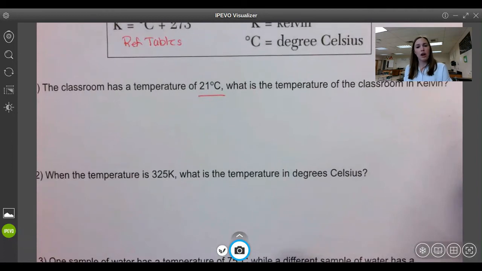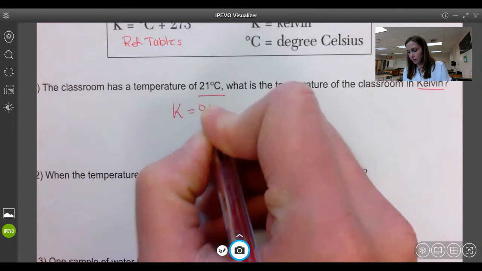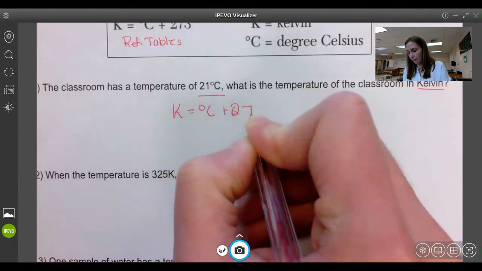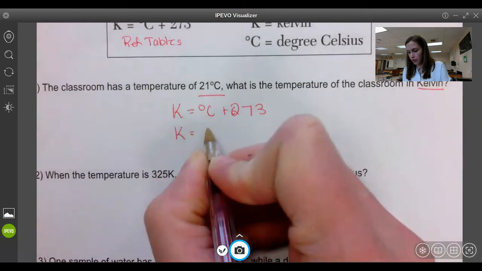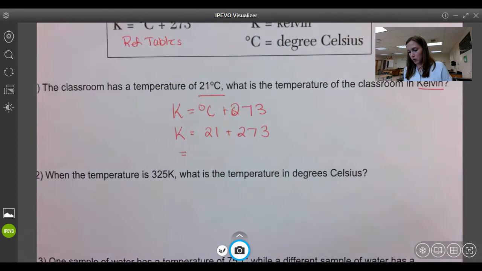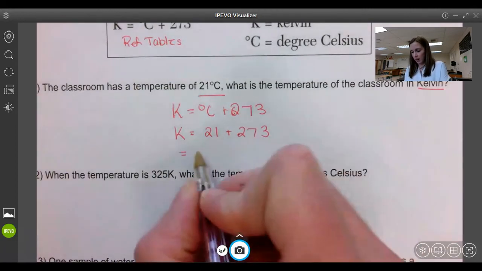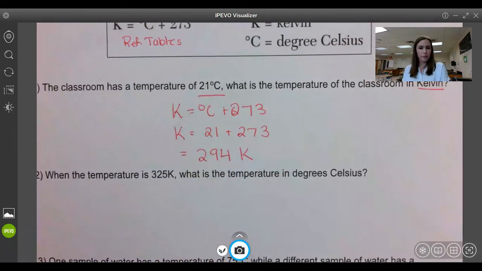What is the temperature of the classroom in Kelvin? So I'm going to start with my equation. Our degrees Celsius is going to be plugged in where degrees Celsius is. So when I add those two together, I get my 294 Kelvin.